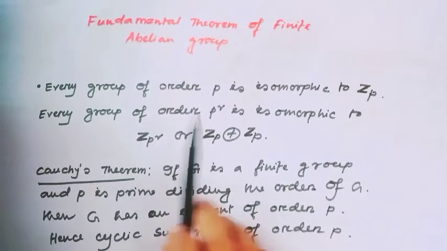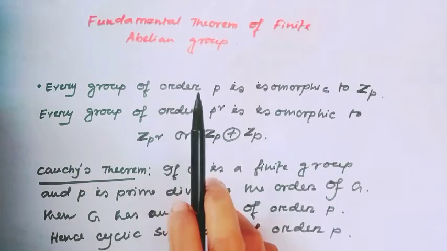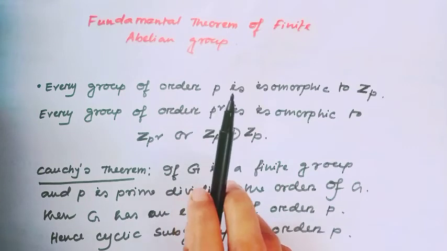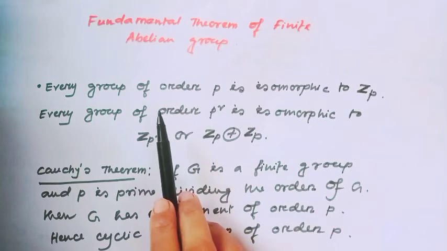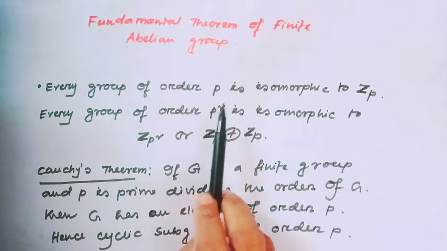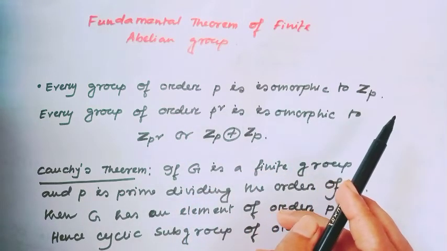Well, now at first I will state the fundamental theorem of finite abelian groups. This is a classification theorem. This theorem tells us which groups are abelian of finite order, and this theorem is a foundation of group theory. This theorem is based on some results which I have seen so far. Result number 1: every group of order p is isomorphic to Zp.